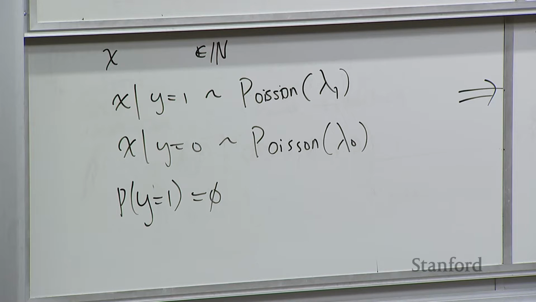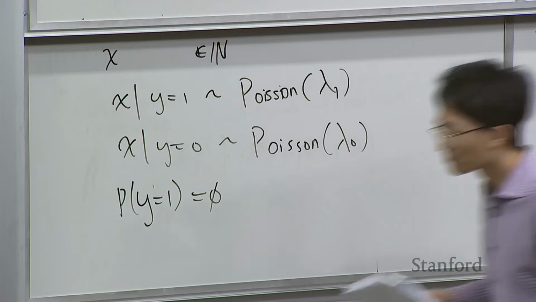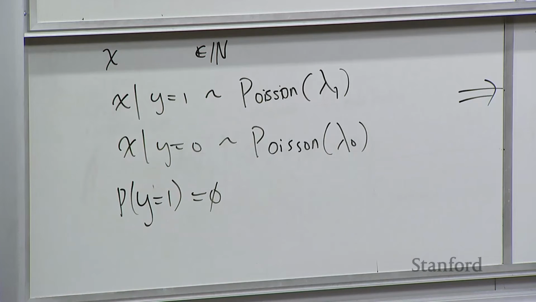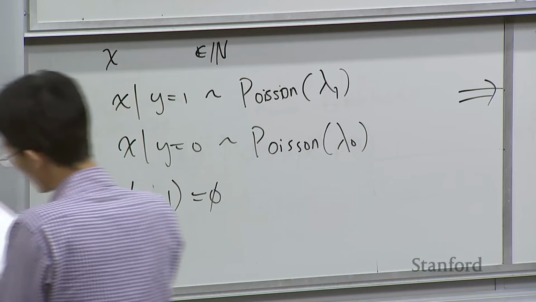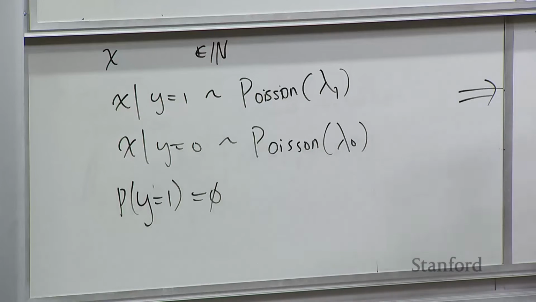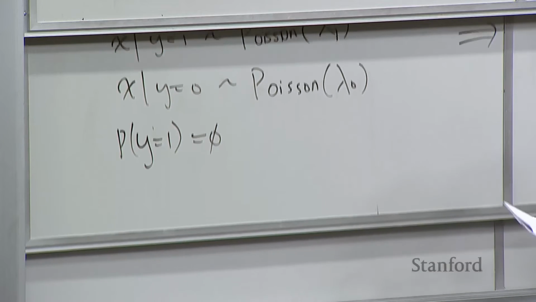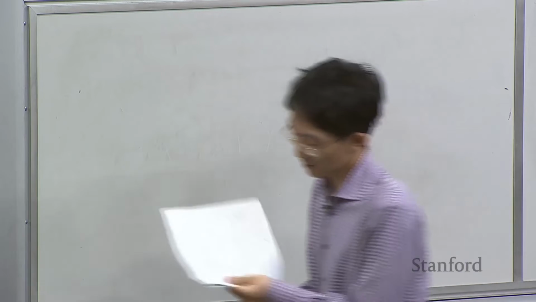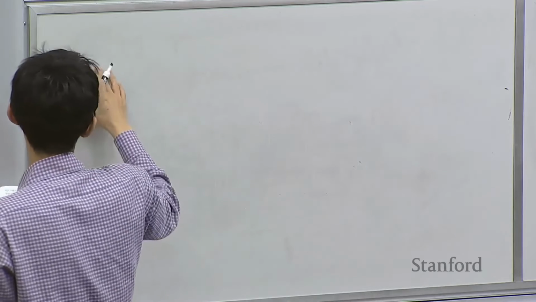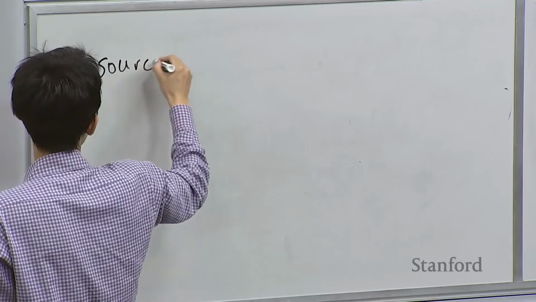Maybe a little more general discussion is that in some sense your model has 2 sources of knowledge.